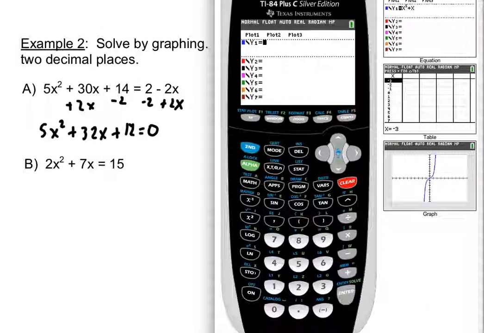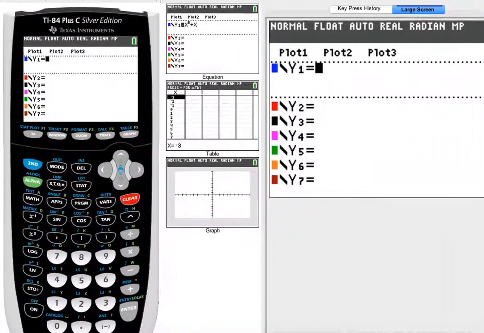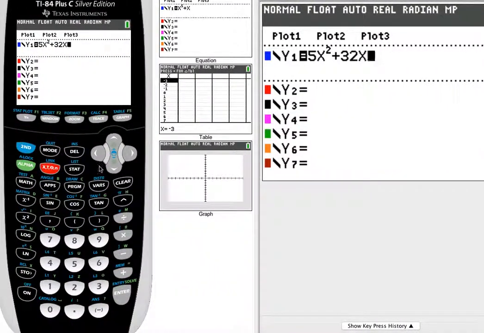Our equation says 5x squared plus 32x plus 12. So we hit 5x squared plus 32x, and then I believe it was plus 12. You don't need to put in the equals 0 because y there is 0. So we're just going to graph this out.